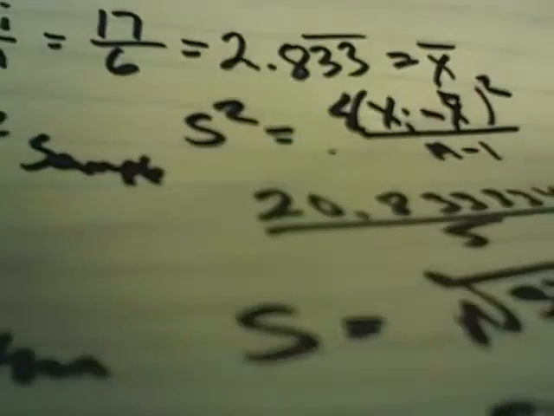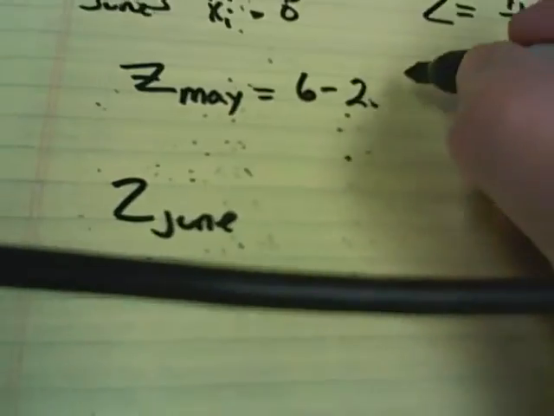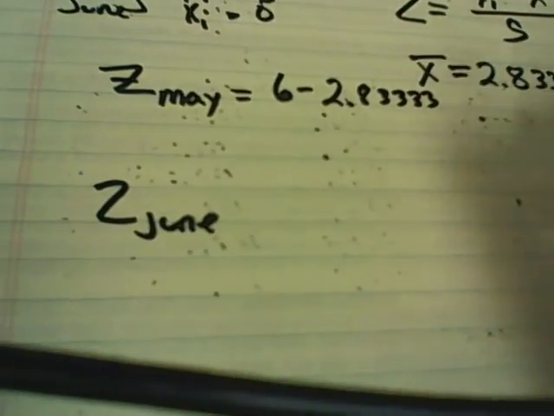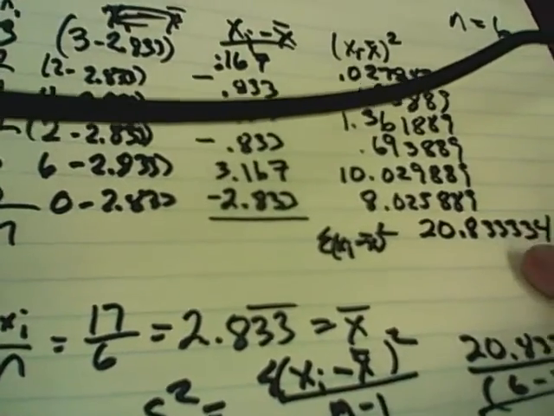X bar was equal to 2.8333. So here, x sub i is 6 minus 2.8333, over the standard deviation, 2.04124.